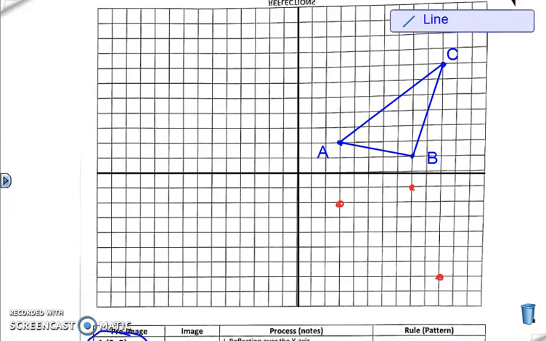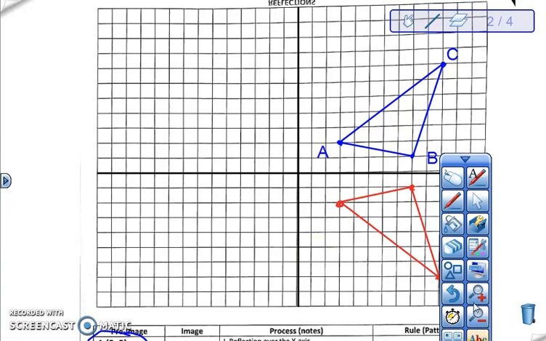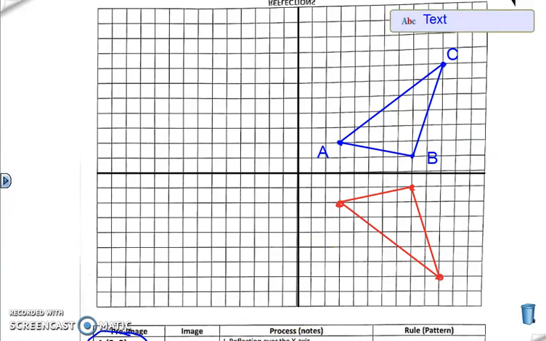We're going to connect our dots. And we will want to label our points. And just like we were talking about in our previous video, we want to use the same letters we just used, only we want to put the little tick marks behind them to indicate that this is an image and not the original point.